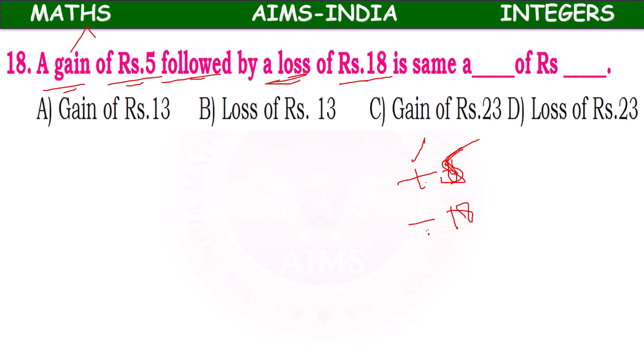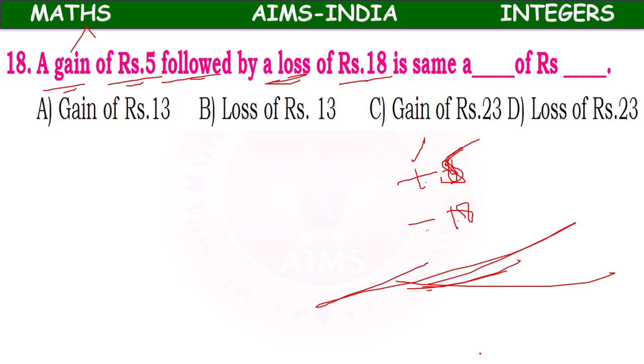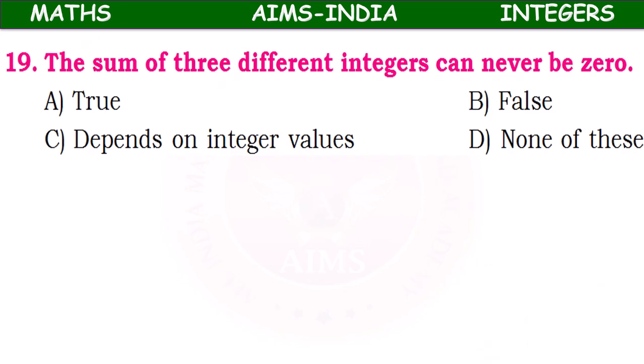Plus 5 minus 18. So what is the sum? Minus 18 plus 5 means minus 13 overall. Means the loss is more compared to profit. So that's why overall loss will be there. That is minus 13. Minus stands for loss. So loss of 13.